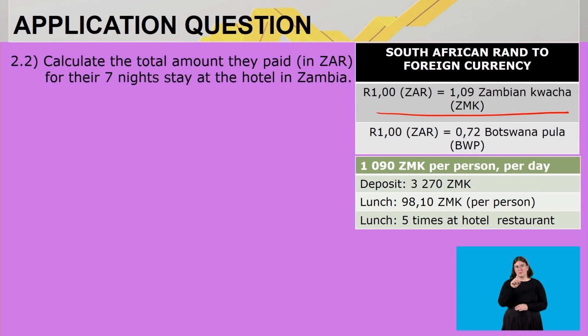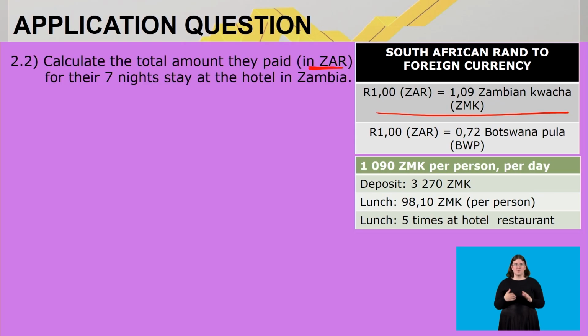They pay the deposit up front, right, to secure the accommodation of 3,270 Zambian kwacha. Then the lunch per person is 98,10 ZMK. And then important also to note, the three of them, they had lunch 5 times at the hotel. All right, we want to know what is this in South African Rand.